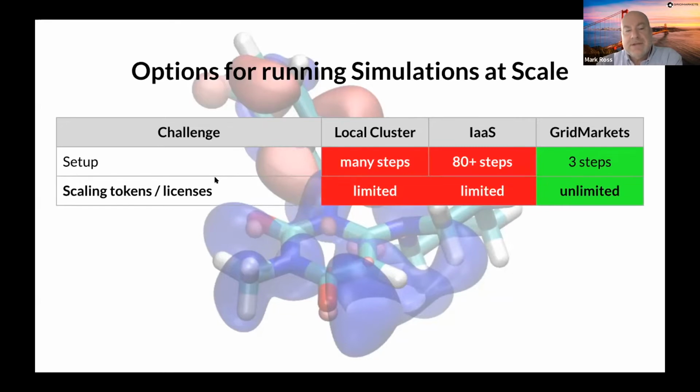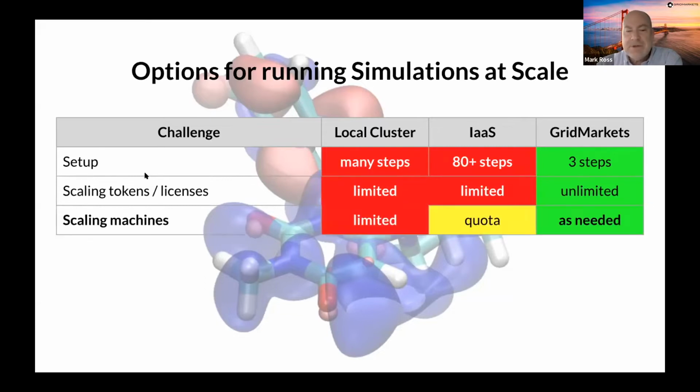Also, the ability to scale your tokens or your licenses is very limited in the case of the local cluster or the IaaS option. It's limited by how many tokens or clusters you have. In our case, we have access to unlimited numbers of tokens and licenses, so there's no limit there. You can scale machines very easily with us. You scale as needed. The local cluster, obviously, is limited by how many machines you have locally and what your quota is in the case of an IaaS solution.